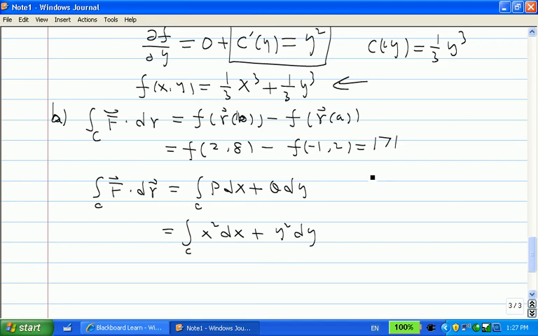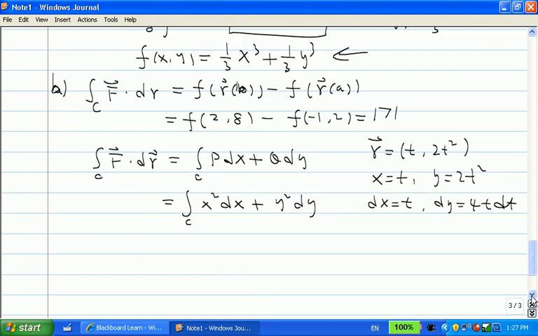Remember, for my curve here, you always need to find the parametric equation. It's (t, 2t squared), right? So x equals t, y equals 2t squared, so your dx equals dt, your dy equals 4t dt. So we can integrate this one.